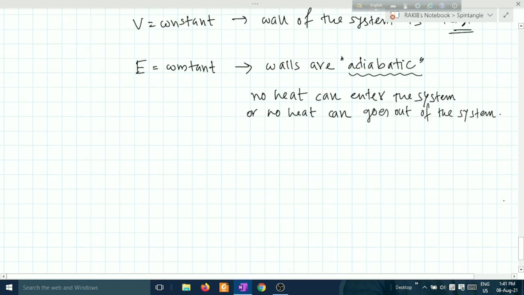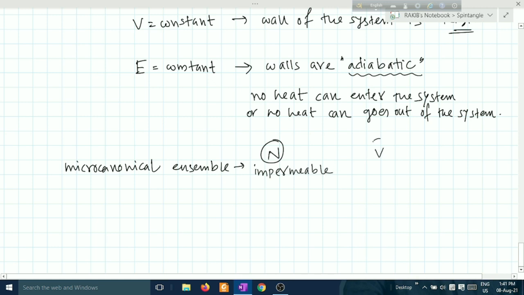So the type of wall for the microcanonical ensemble finally becomes this. To make N constant, the wall becomes impermeable. To make volume constant, the wall has to be rigid.